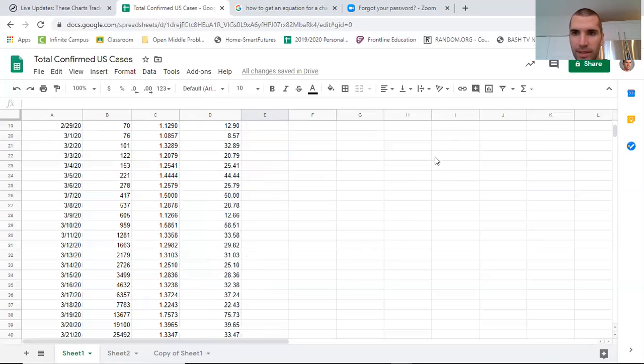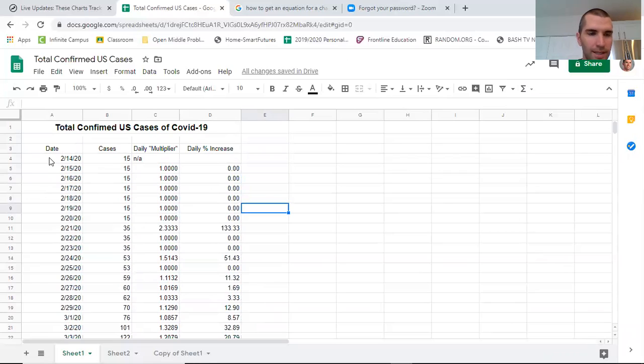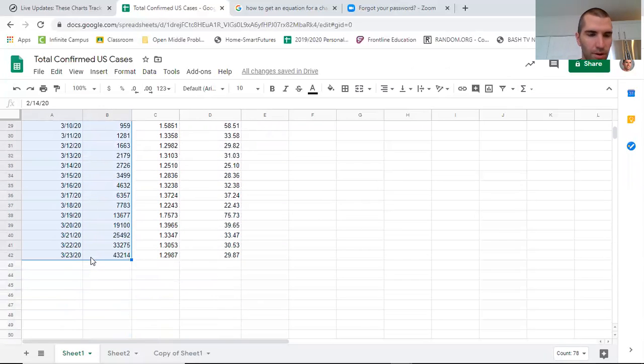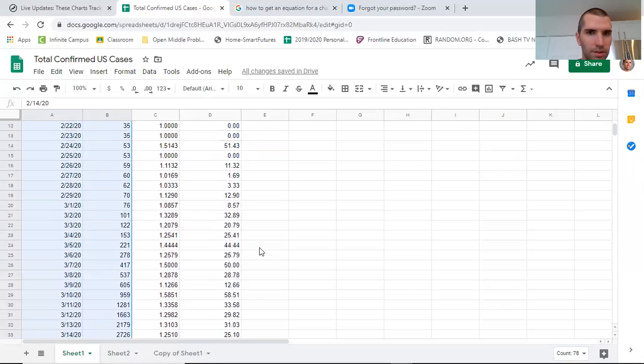If we do want to graph this, we can. What I would do is highlight the days you want. So let's highlight cell A4 to start, scroll over to B4 and scroll all the way down. So we're highlighting all the dates and the case numbers.